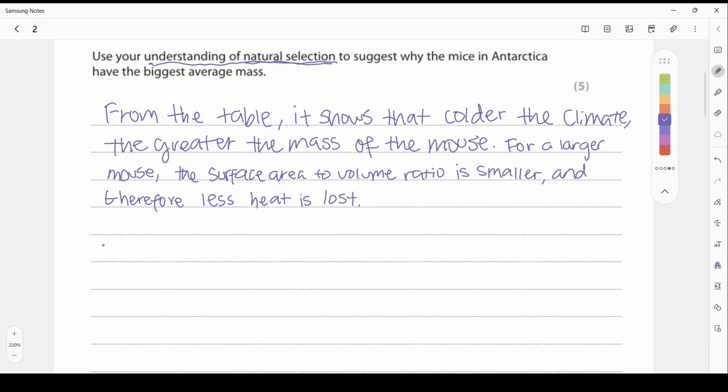So you can say the variation in the mass of mice occurs due to mutations.